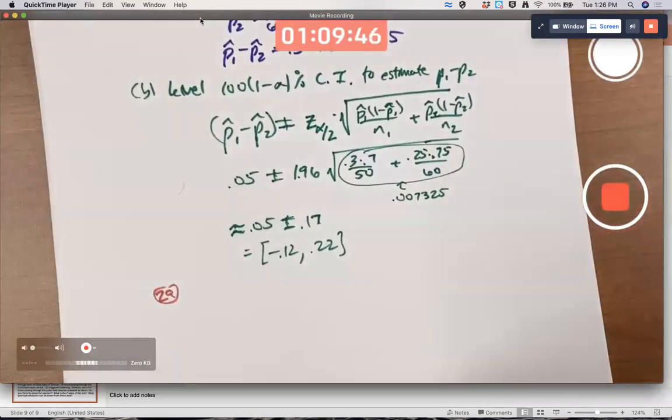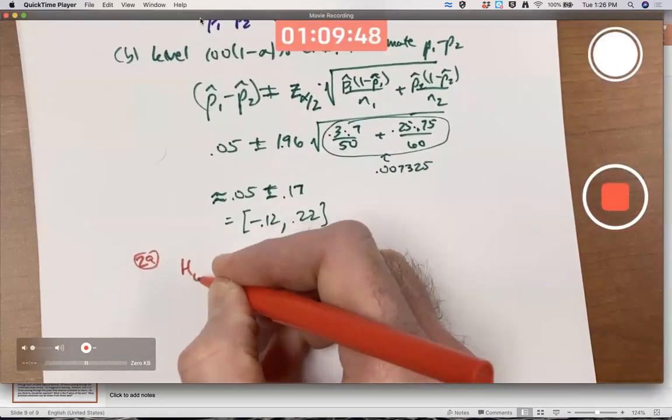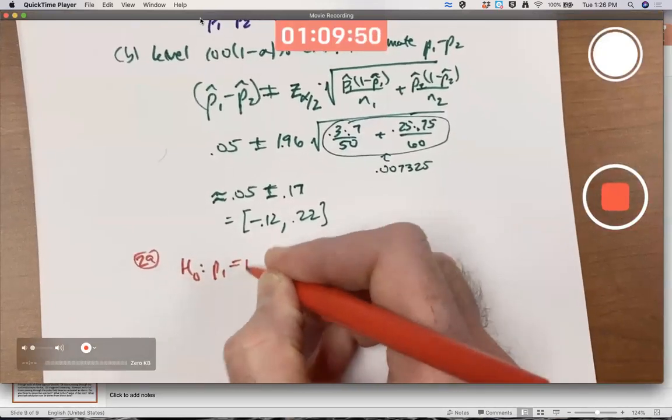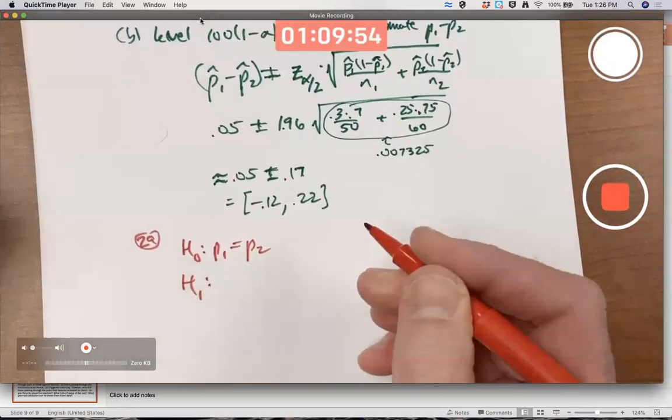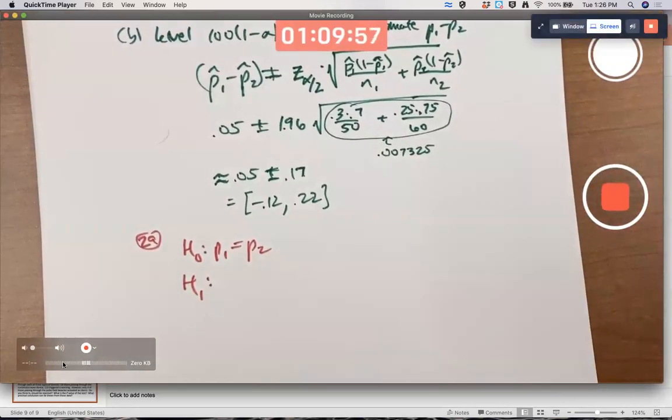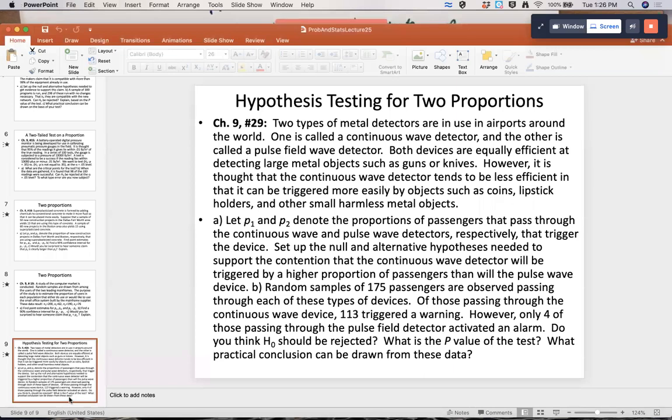Well, the hypothesis test itself: the null is that P1 equals P2. The alternative, is it one-tailed or two-tailed? It is thought that a continuous wave detector is less efficient. So that would mean it's thought that P1 is bigger than P2, because I guess it accidentally detects things too easily.